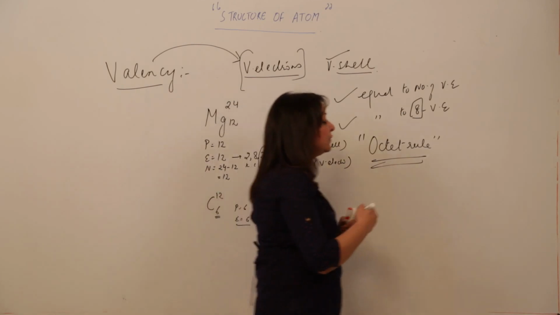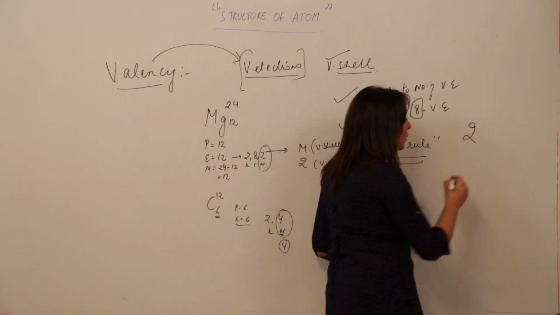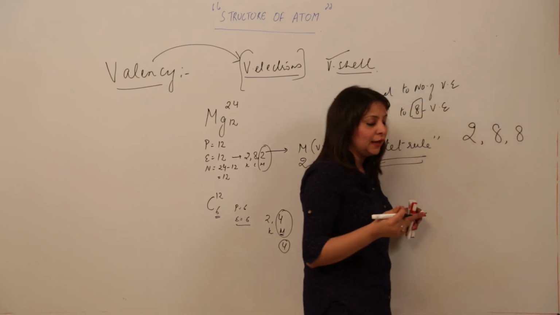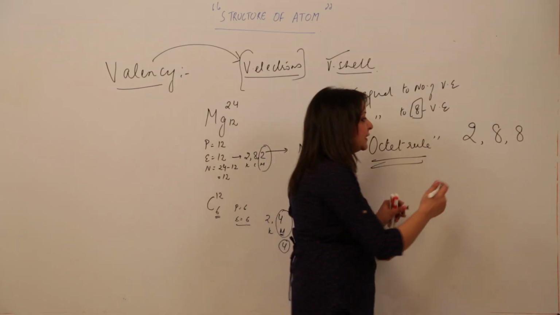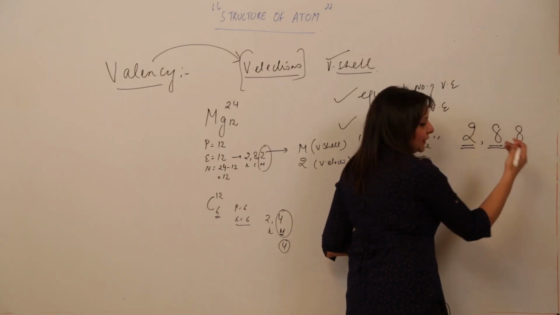As we know, the first shell can accommodate a maximum of 2 electrons, according to the Bohr-Bury rule, and the second 8, the third 8, again you know that. Maximum 2 can be there, second shell maximum 8, third also maximum 8.